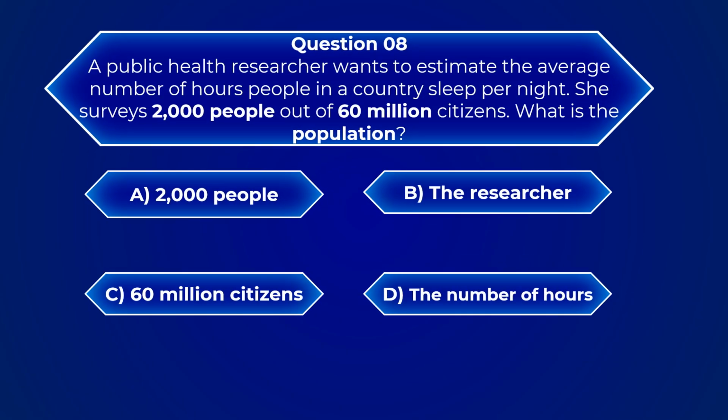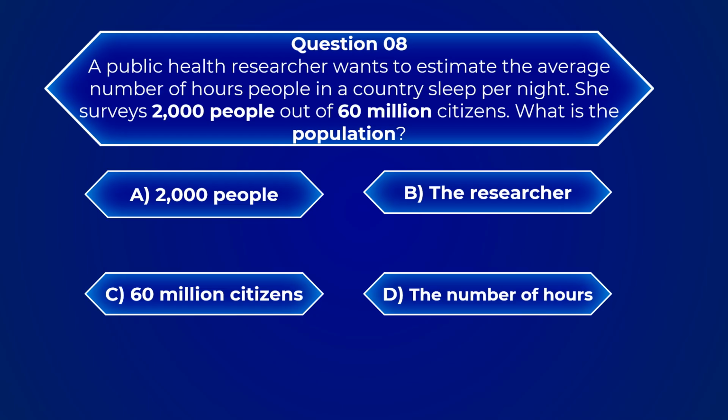Let's now move to the question number 8. A public health researcher wants to estimate the average number of hours people in country sleep per night. She surveys 2,000 people out of 60 million citizens. What is the population in this case? Answer A, the 2,000 people. Answer B, the researcher. The answer C, the 60 million citizens.